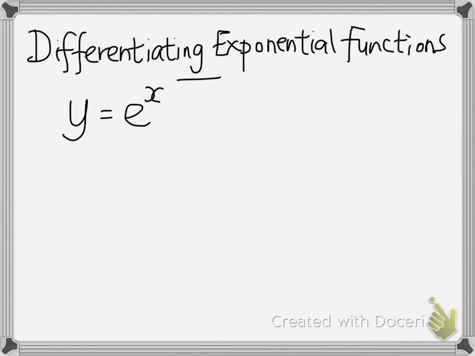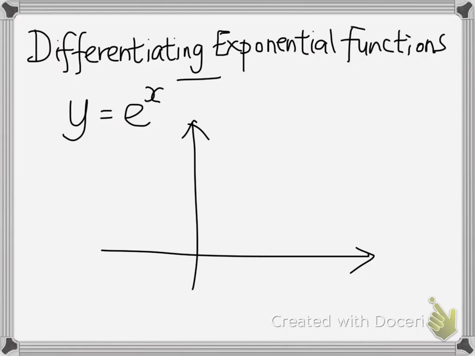So, what is the result of the gradient? What is the gradient of this particular curve? If you recall, how does this curve look like? This curve just looks like this. And what is this number on the vertical axis? It must be 1, yes?